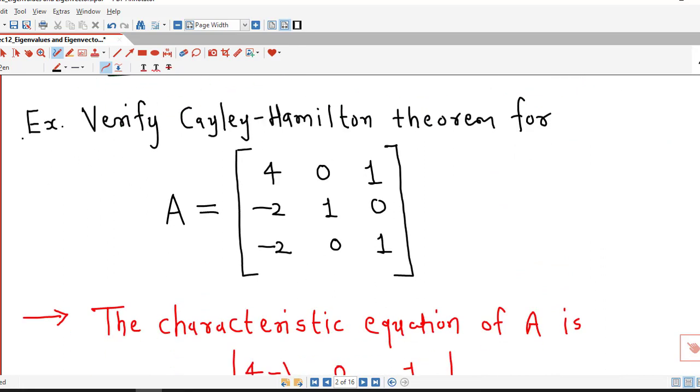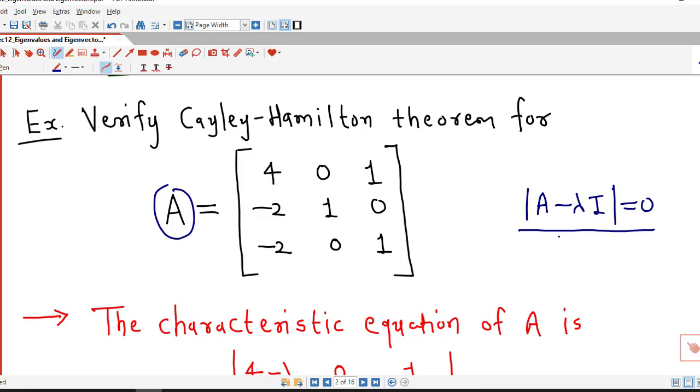Before that, we consider this example. Sometimes they ask you to verify the Cayley-Hamilton theorem. So this is the given matrix, and the Cayley-Hamilton theorem says that this matrix satisfies its characteristic equation.